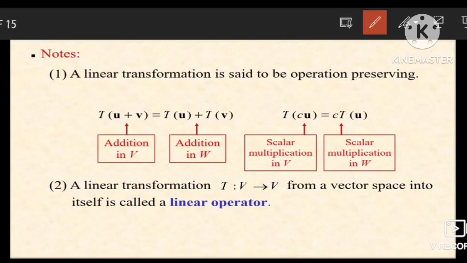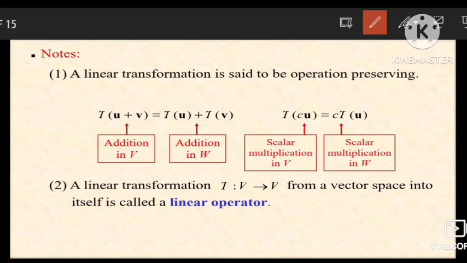Now a linear transformation is said to be operation preserving because T of u plus v is equal to T of u plus T of v, and T of cu is equal to c into T of u.